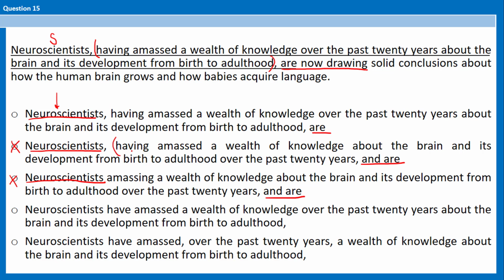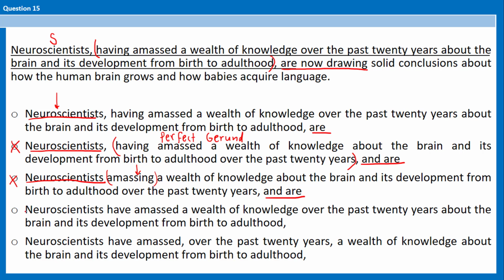The modifier having amassed is called a perfect gerund. It is not a verb. Okay? Then you have amassing. Amassing is a present participle modifier as well. So in those 2 you do not have a verb.